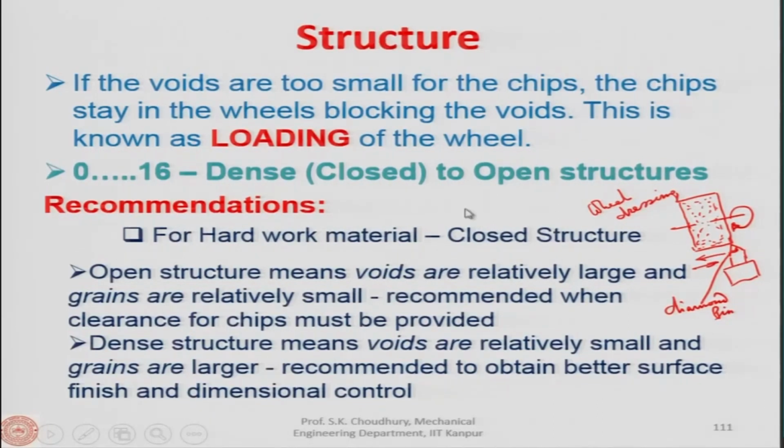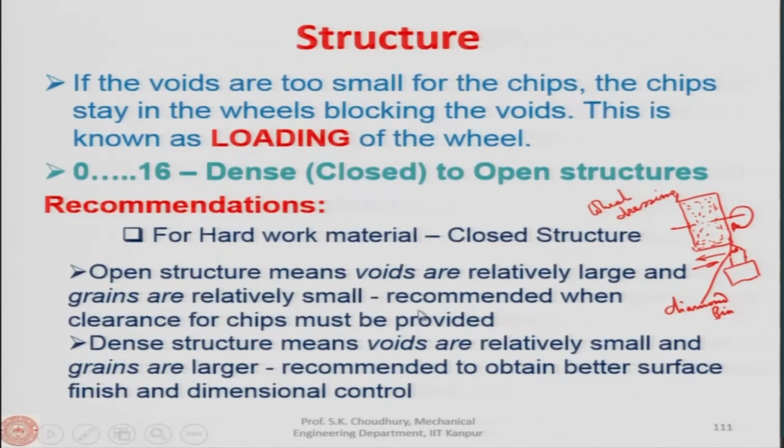Now, the recommendations are that for hard work material, we should select the closed structure, or grades like 0, 1, 2, 3, 4, 5. Open structure means voids are relatively large and grains are relatively small, recommended when clearance for chips must be provided.